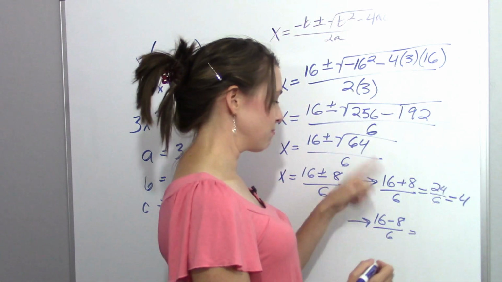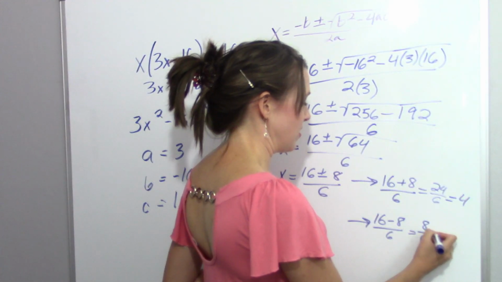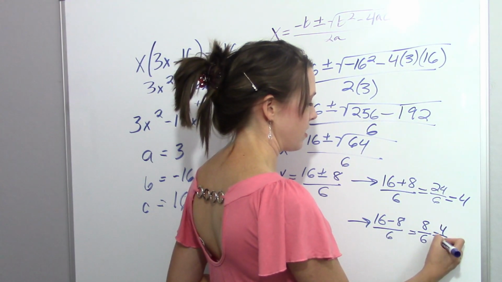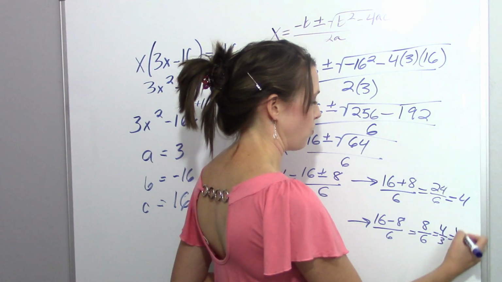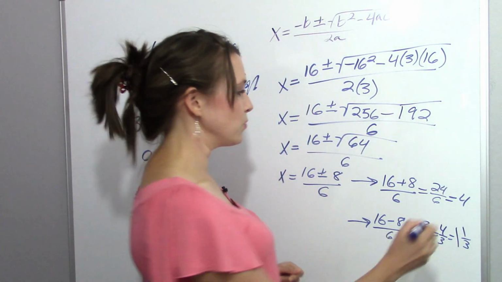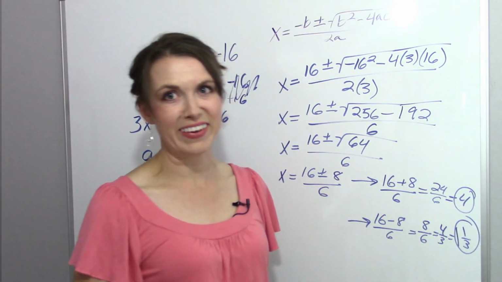And then we have 16 minus 8, which is just 8. 8 over 6. We can reduce that down. 2 goes into both, so we have 4 over 3, which can reduce down to 1 and 1/3. So our two answers for this one, we have 4 and we have 1 and 1/3.